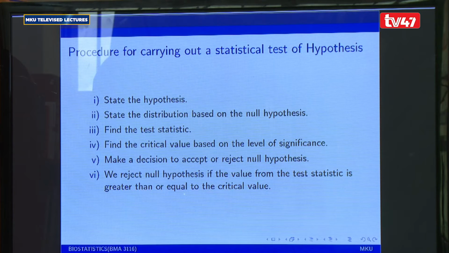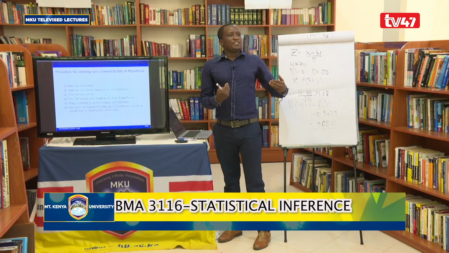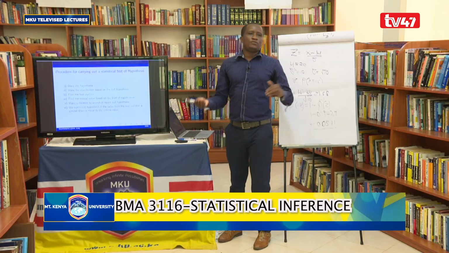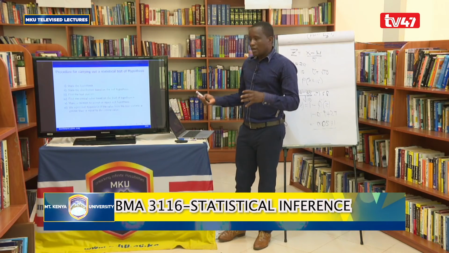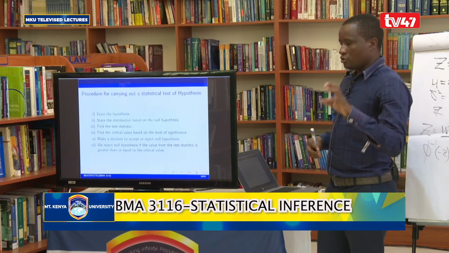You also state the alternative hypothesis, that is H1, and it is important to state what these hypotheses mean. When you say that H0, I'm looking at H0 such that the mean is a certain value, then what does it mean? Does it mean that you are checking that the mean is a different value from the one that you have? You have to state what it means to the researcher.